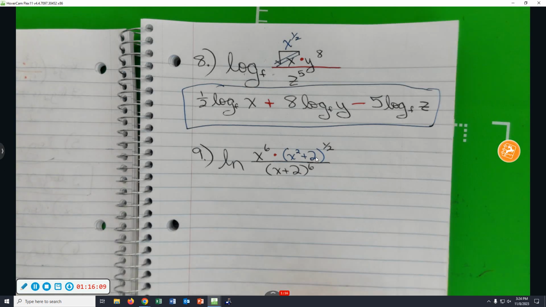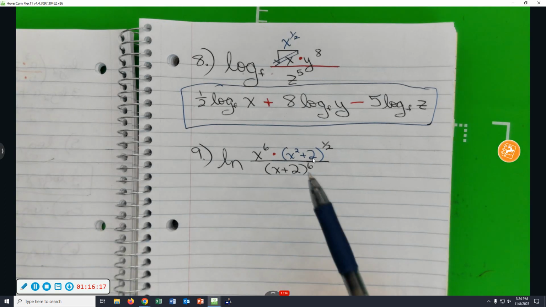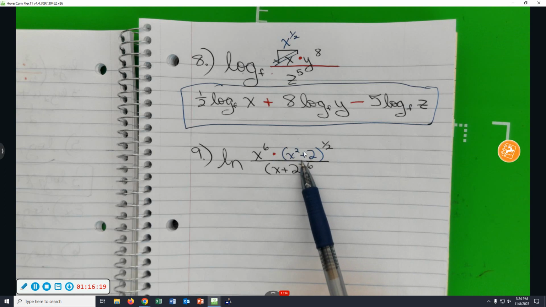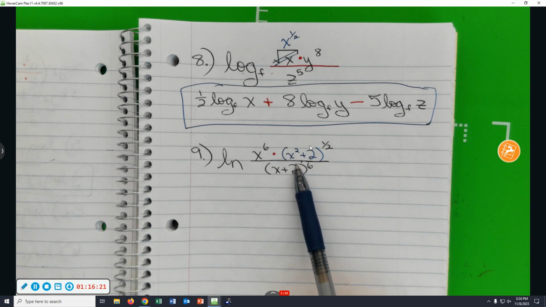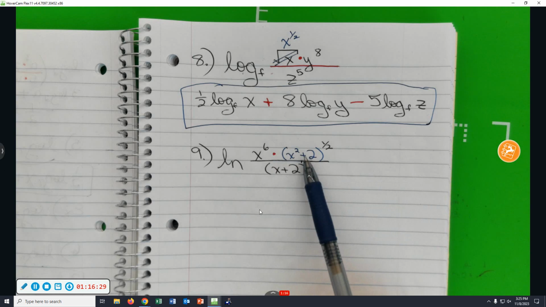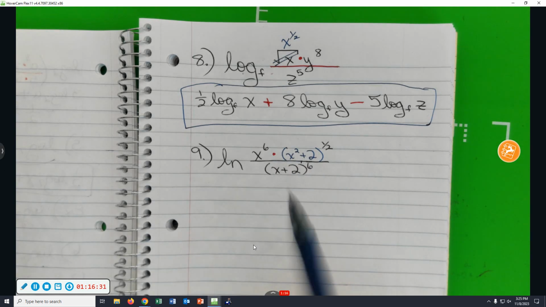You cannot separate pluses or minuses. If you have a plus in the argument of the original problem, you're going to have that plus in the argument of your final answer. I see an x squared plus 2, so I must have an x squared plus 2 in my final answer. I see an x plus 2, and that has to stay together. You cannot separate at addition and subtraction.